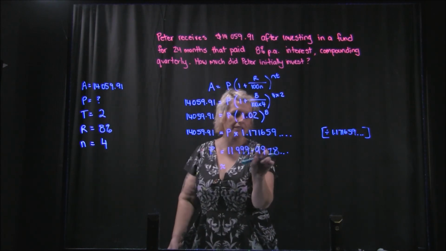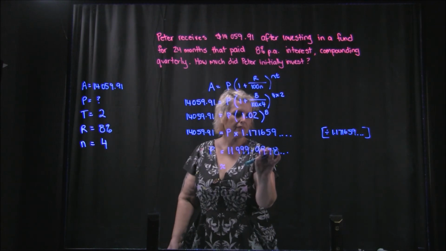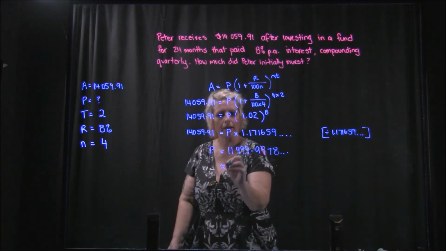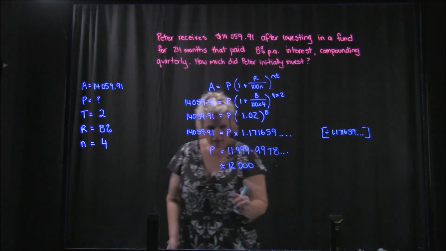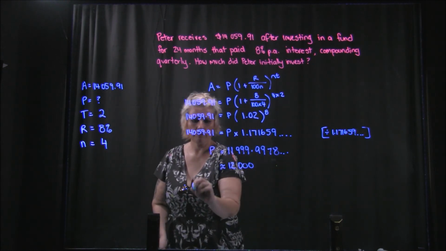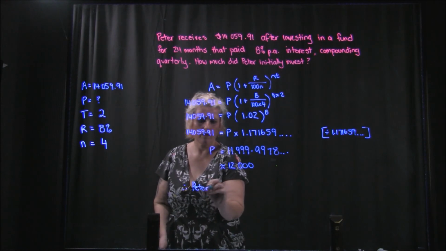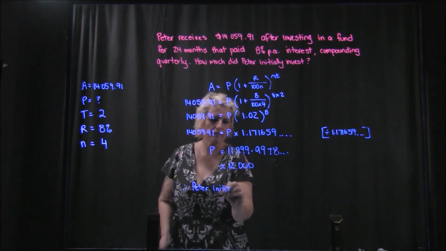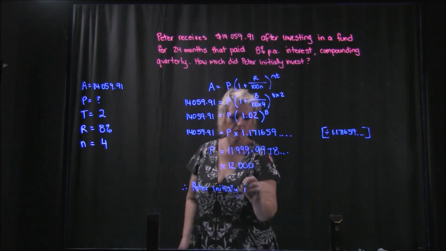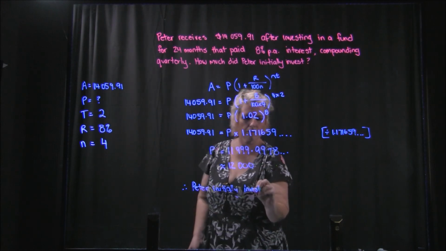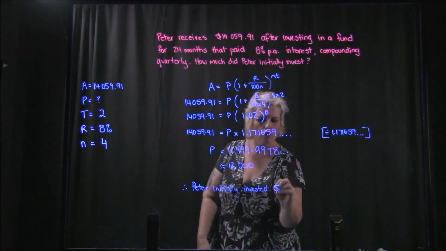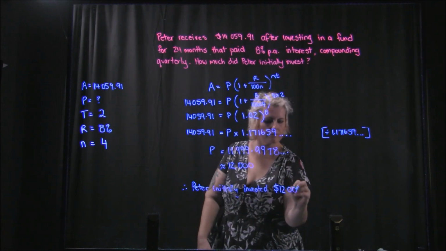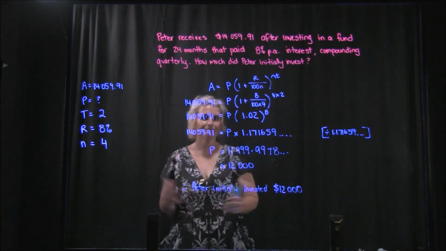If I round this money-wise, to 2 decimal places, this 7 tells me this goes up, all the way up it goes, so 12,000. Therefore, Peter initially invested $12,000.